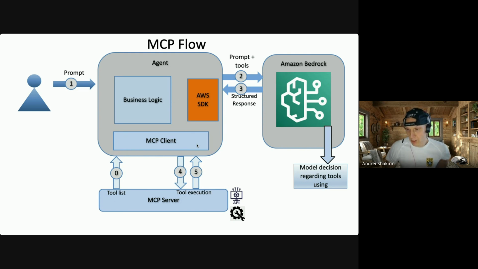And it gets some result. Either it's a very simple result, if you execute an action, it's successful or not, or it's a more complicated result. If you request some data, it returns data back. On the next step, this response from the tool execution is also reported to the model.